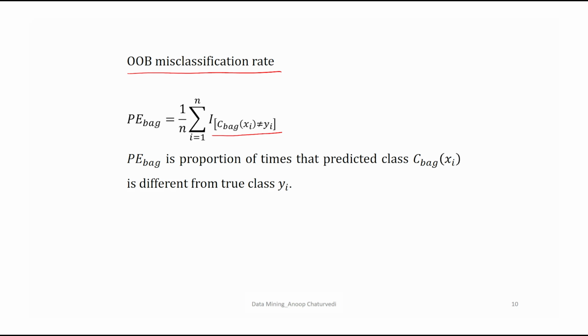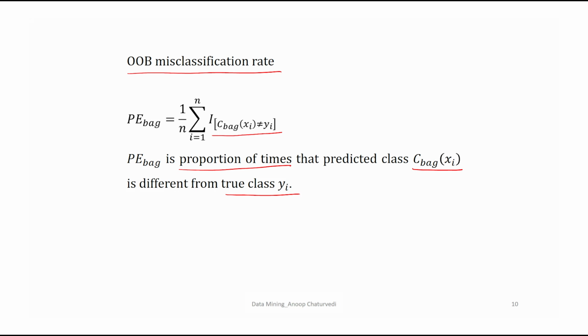So, we observe that PE bag is the proportion of times that the predicted class C bag xi is different from the true class yi.